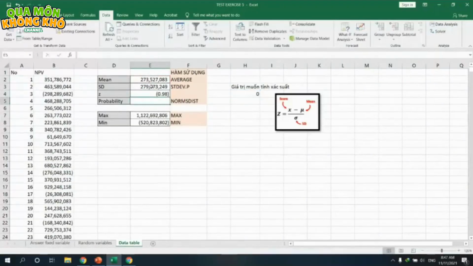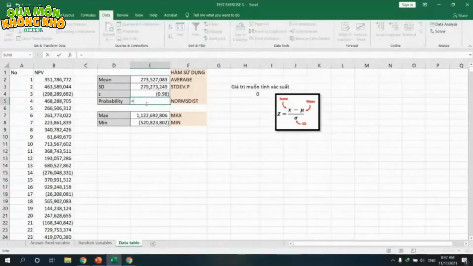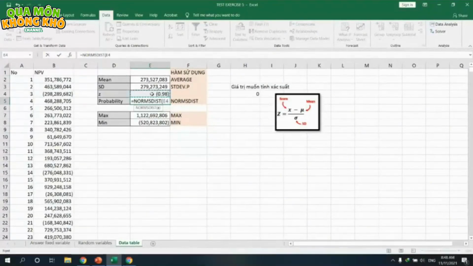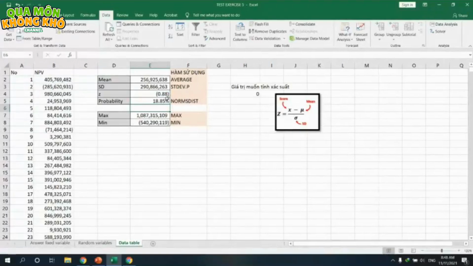So we have Z is minus 0.98, and for the probability we use the normal distribution function. So the probability that the NPV is negative is 18.85%. And if you want to calculate another probability, you can change the value here.